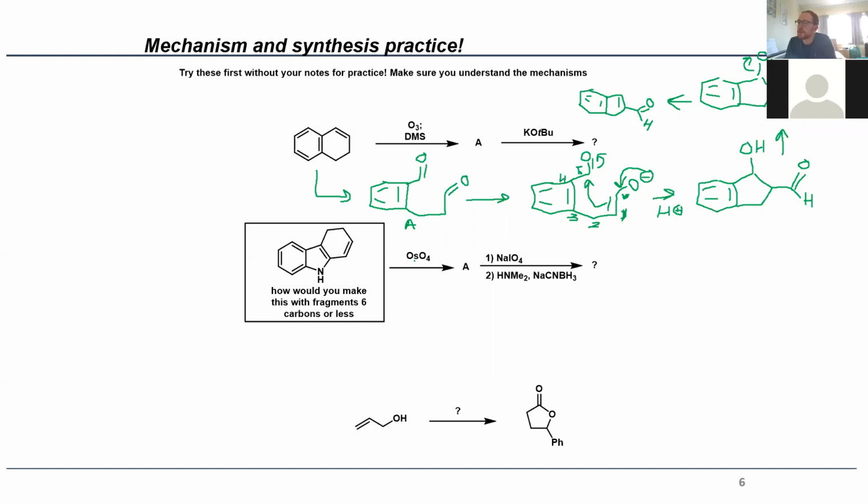But we learned in class that the reaction of osmium tetroxide with alkenes happens quite readily, and this leads to the dihydroxylation of alkenes in a syn fashion. So it either looks like this or the enantiomer of this.